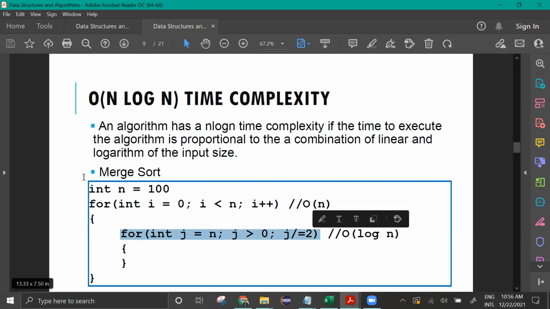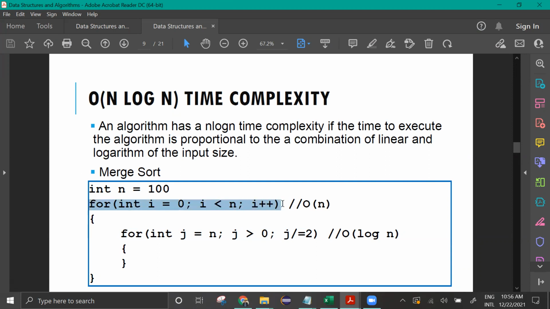So in this example, this loop goes n times, it is iterating n times, and then the inner loop goes log n. So that's why it is n log n.